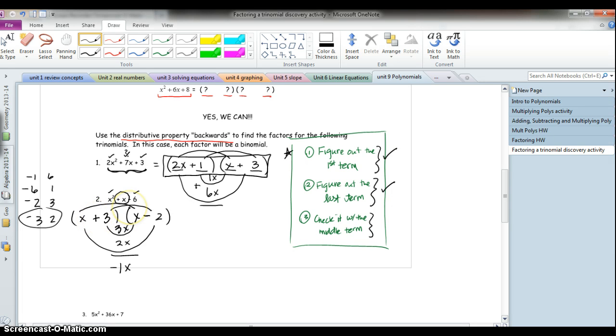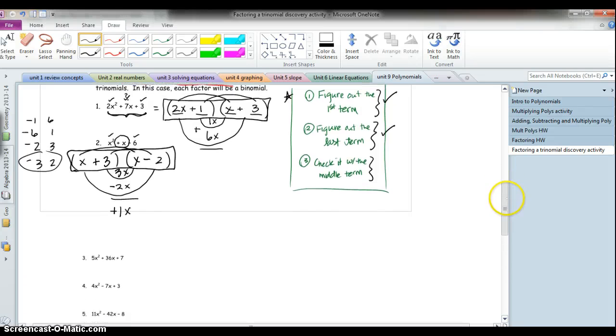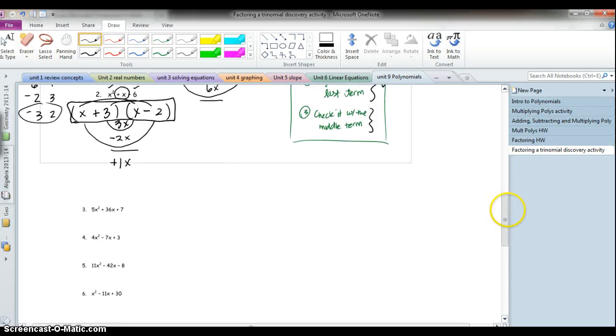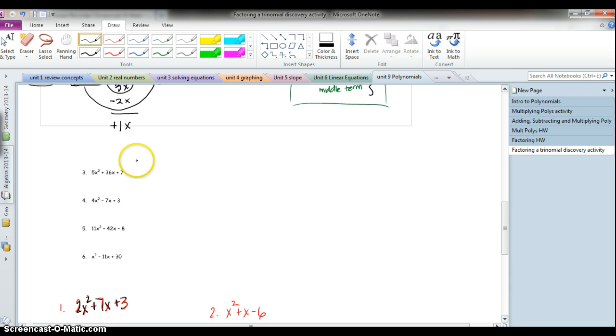Then I would get 3x, negative 2x. Oh, there it is. That gets me my positive 1 in the middle. So there is a little trial and error involved in this. It's not just super easy to come up with your factors and leave it. You got to check it, and you got to make sure that what you're doing works out.